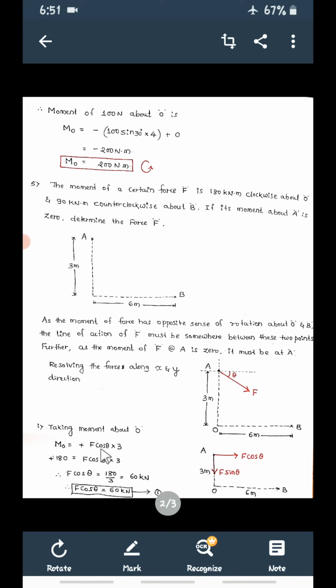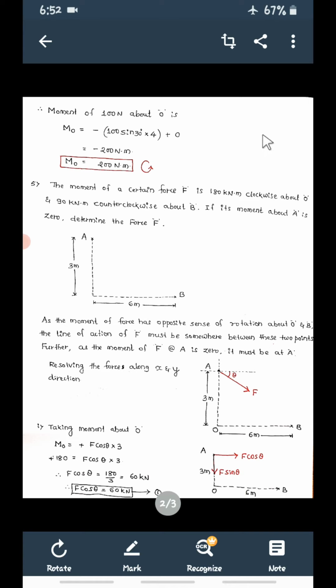So plus F cos theta, and the perpendicular distance between this force and O. Now this is the force, this is point O. What is the perpendicular distance between these two? It is 3 meter. So clockwise means plus F cos theta into 3, and the moment of the other will be 0 only. Therefore MO is equal to F cos theta into 3.